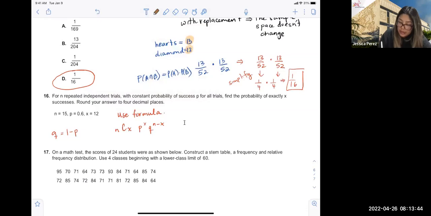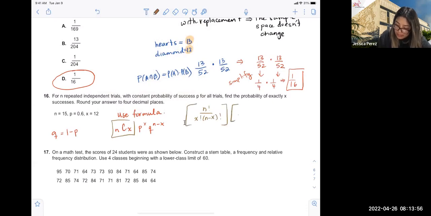So here you have n factorial over x factorial times n minus x factorial. And then you have p, which is 0.6, raised to the x. And then we have q, which is 1 minus 0.6, which is 0.4, raised to 15 minus 12.